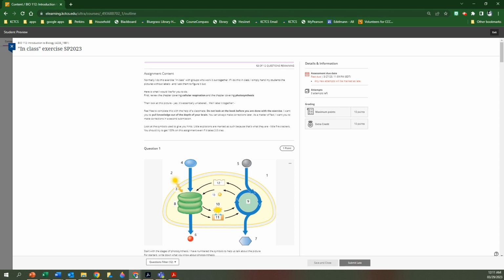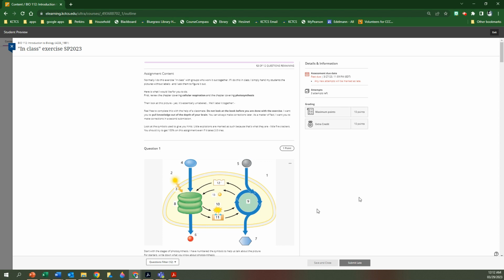So that particular group, I did a lot of activities with them. They were pretty used to me trying to keep them awake for 3 hours. One of the activities I did with them was this photosynthesis cellular respiration in-class activity. I came in one day and told them to put their books away, and I handed them a piece of paper that had this picture on it.